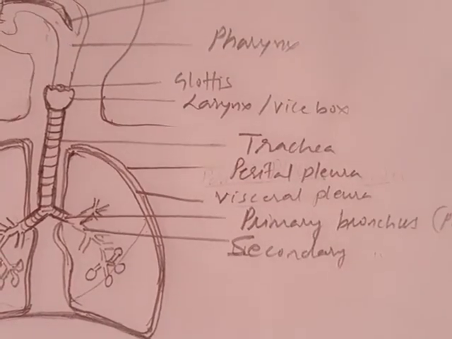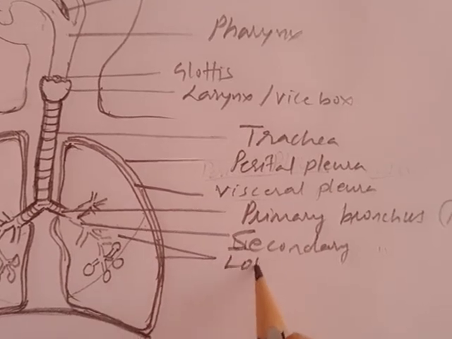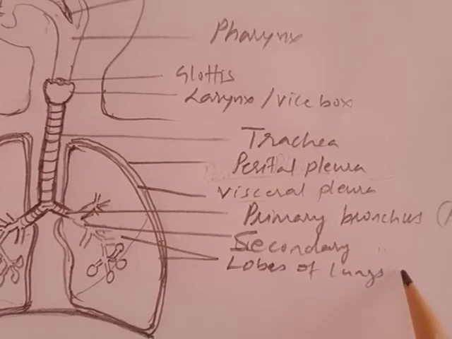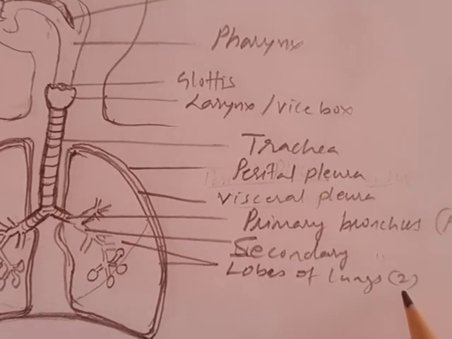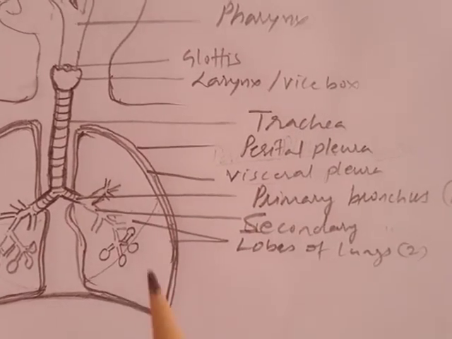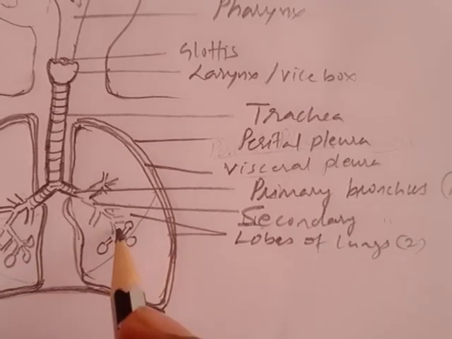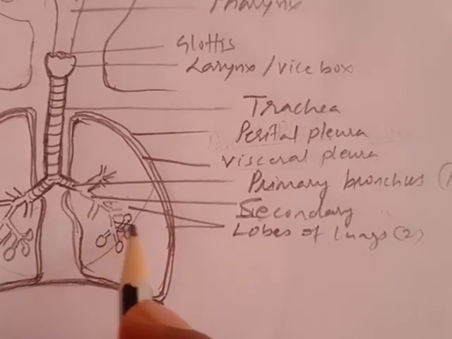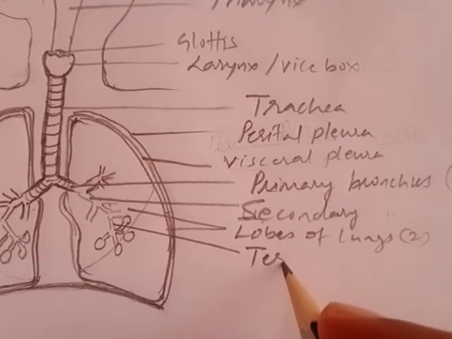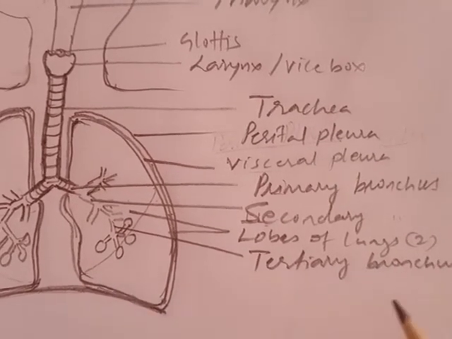And you can also mention the lobes of the lungs. On the left side there are 2, and on the right side there are 3. Next is the primary bronchus, secondary bronchus, and tertiary bronchus. So next you can show the tertiary bronchus.